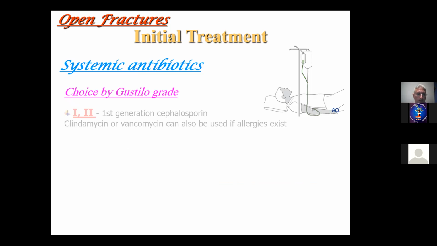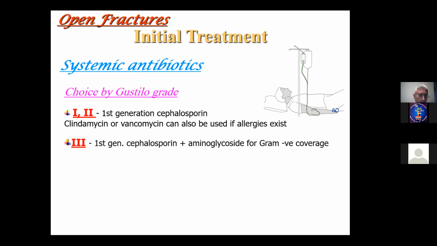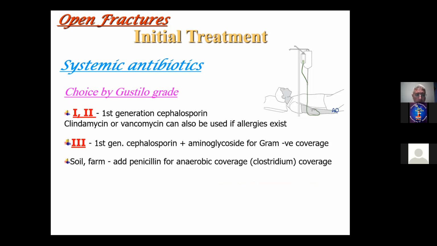The choice is by the Gustilo grade. Usually grade 1 and 2 need a first generation cephalosporin; clindamycin or vancomycin can be used if allergies exist. For grade 3, first generation, we add an aminoglycoside for gram-negative coverage. If we have soil or farm contamination, we add penicillin for clostridial coverage.